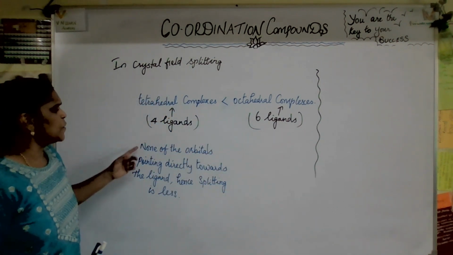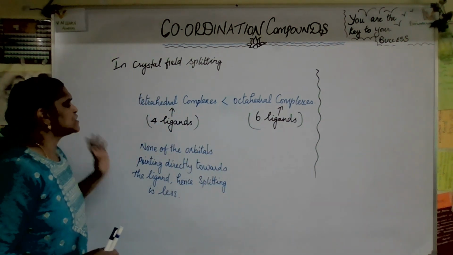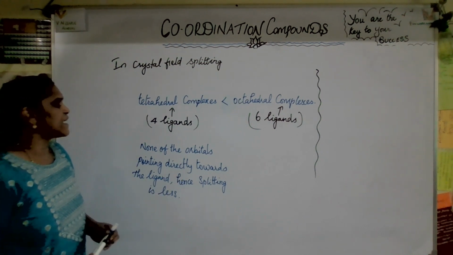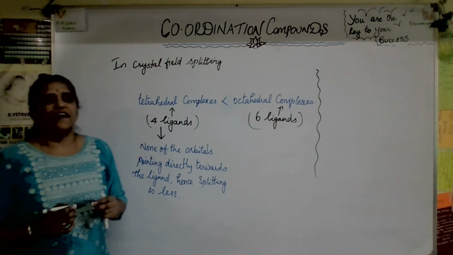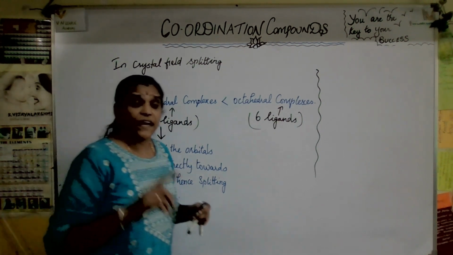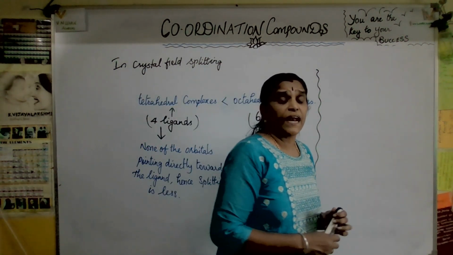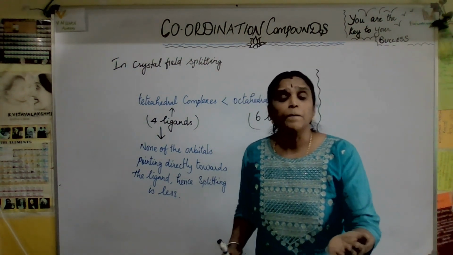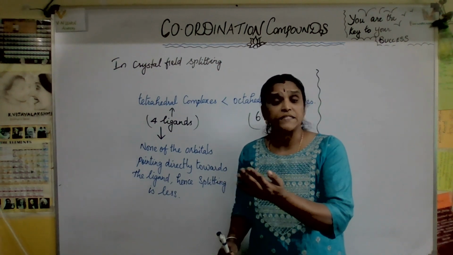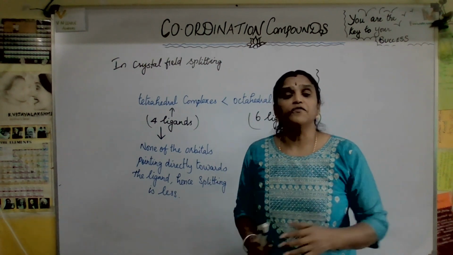And one more point: none of the orbitals point directly towards the ligand, hence the splitting will be very small in the tetrahedral. Now, the nature of the ligand lets us identify low spin or high spin complexes through electronic configuration.